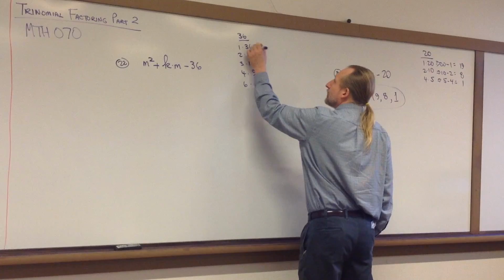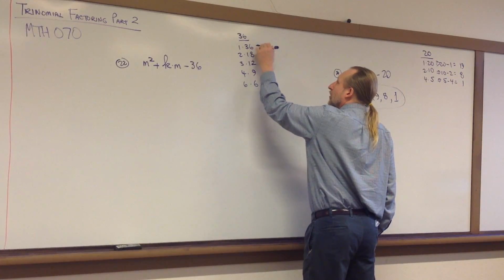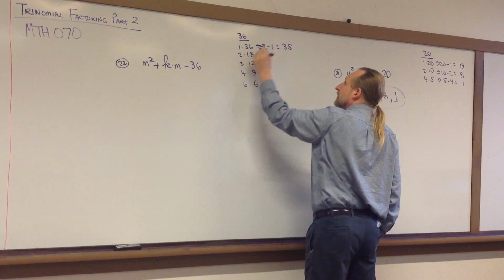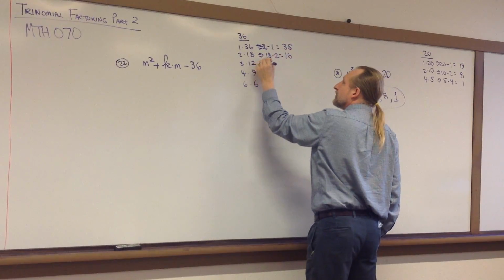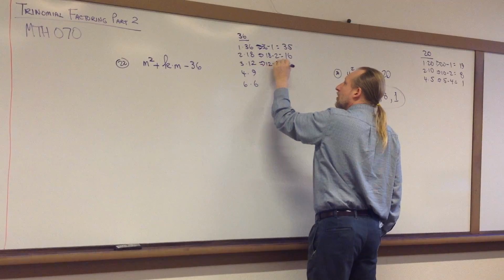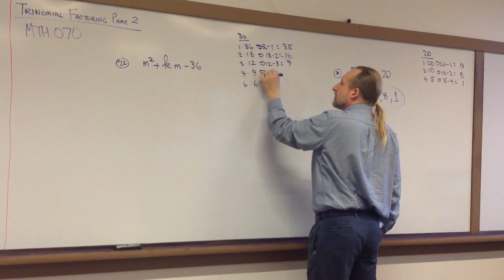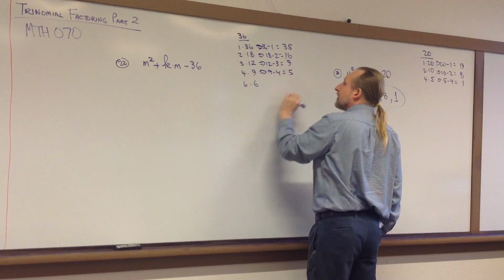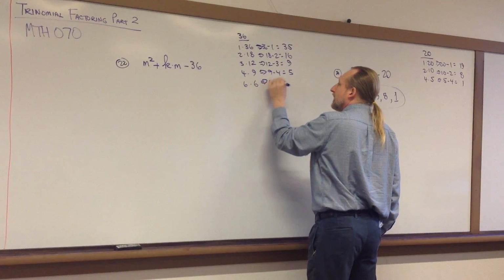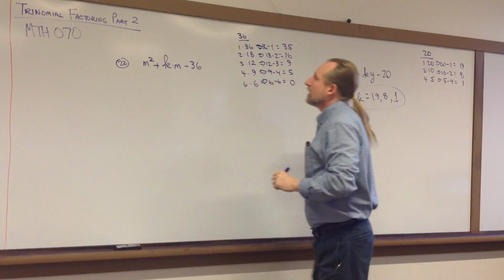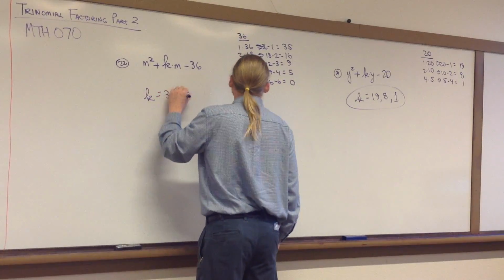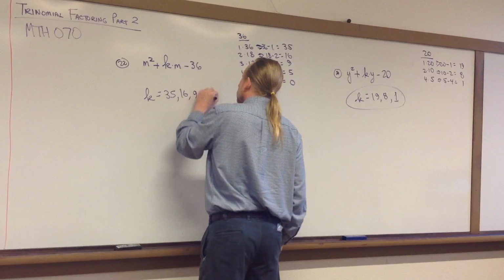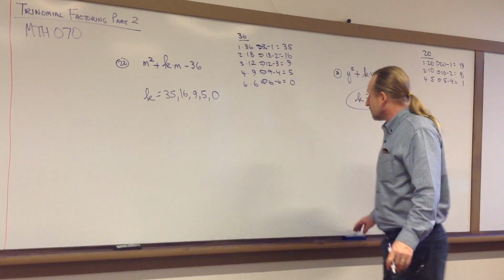This one has a difference of 35. This one has a difference of 16. This one has a difference of 9. Difference of 5. And here the difference is 0. Okay? So for 22, k could be 35, 16, 9, 5, or 0.